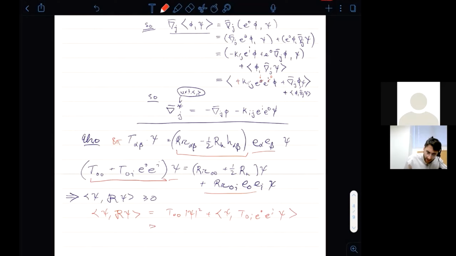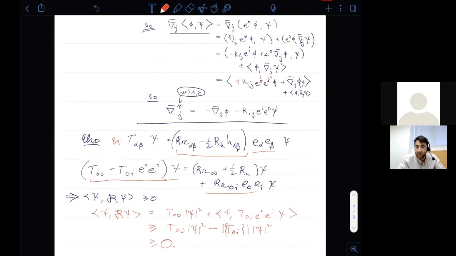And this is, of course, greater than or equal to T00 psi squared minus the norm of this vector, T0I, where I ranges from 1 to 3, to the first power, times psi squared, which is greater than or equal to 0 by the dominant energy condition.